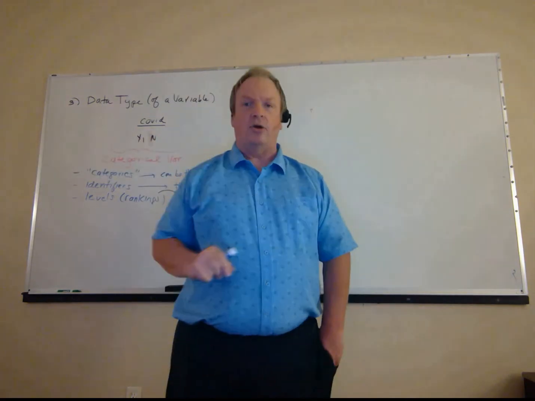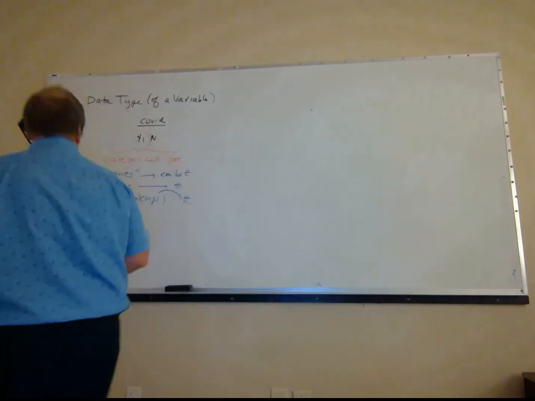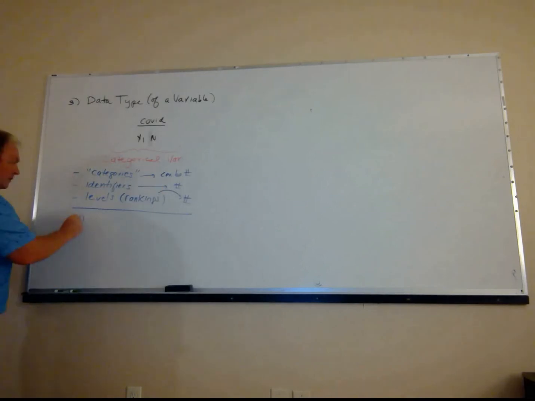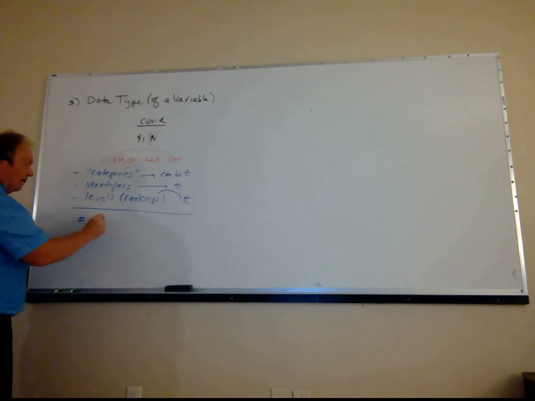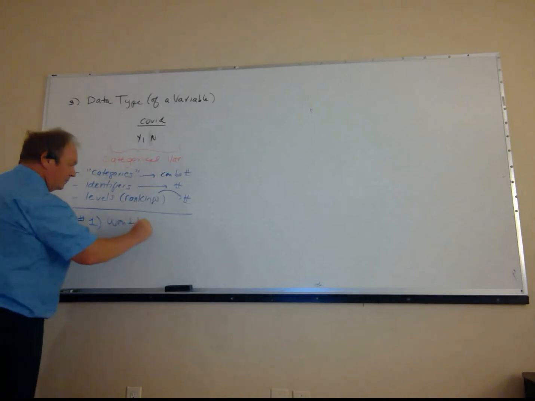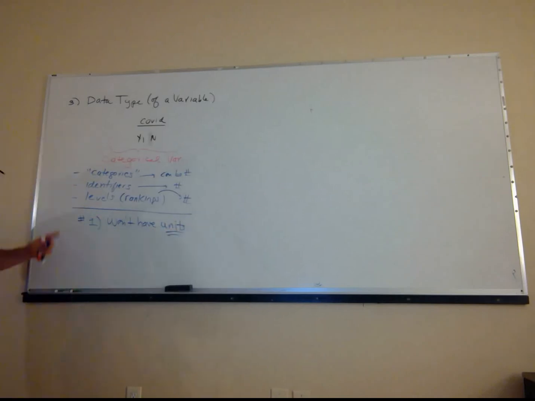If it's numerical, the way that you could tell it's categorical is the fact that 2 things will happen. First of all, if it's a number, it won't have units. This notion is really important.